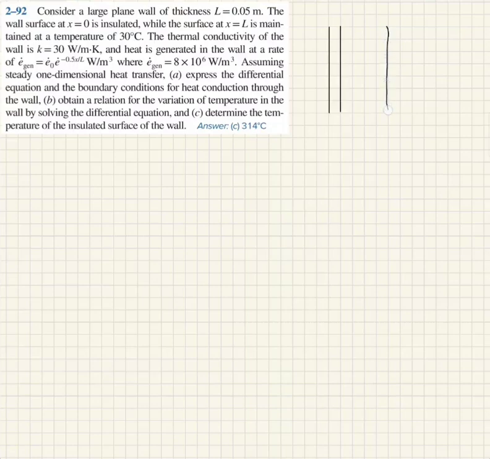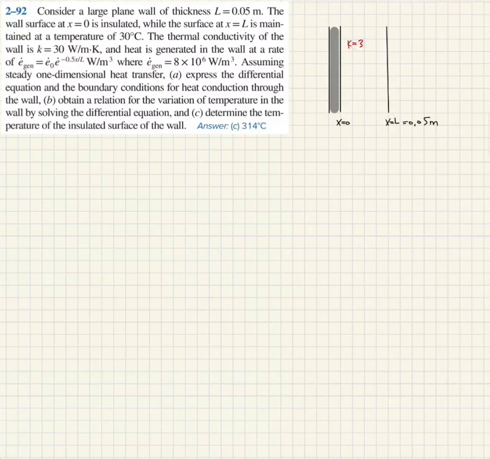So this is the wall, and I will say that this is the insulated part. This is x equals 0, x equals L, which is 0.05 meter or 5 centimeter, the thickness of the wall. And what do we have? Thermal conductivity of the wall is K equals 30.